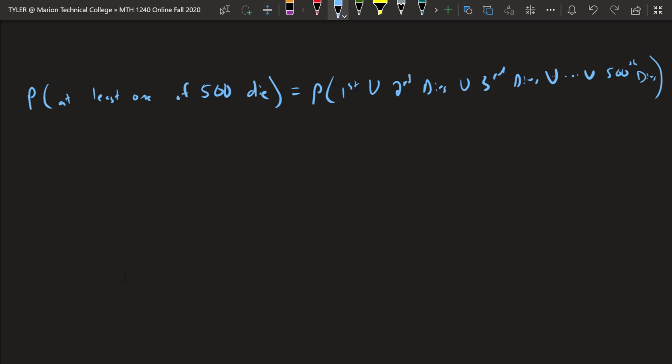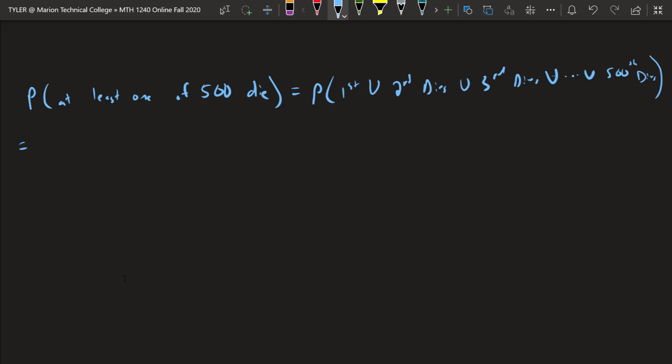Right. So that would be equal to, and since these are randomly selected, they're going to be independent events. Well, and also these would be mutually exclusive, right?